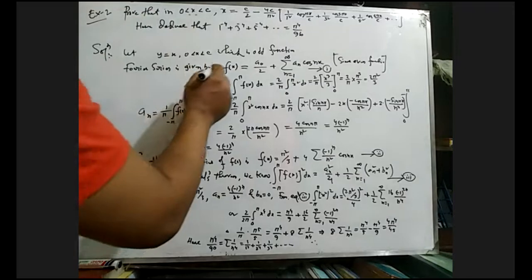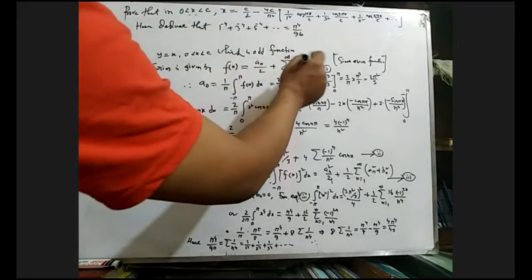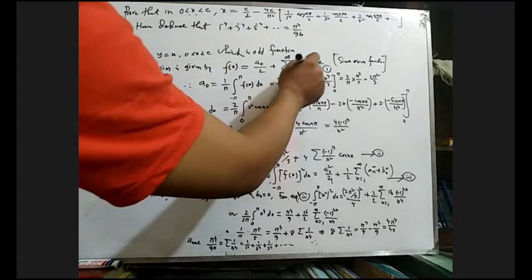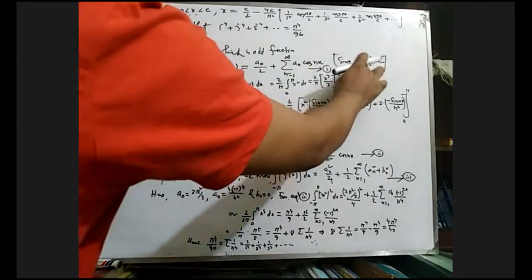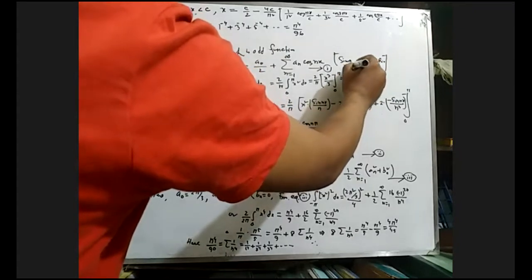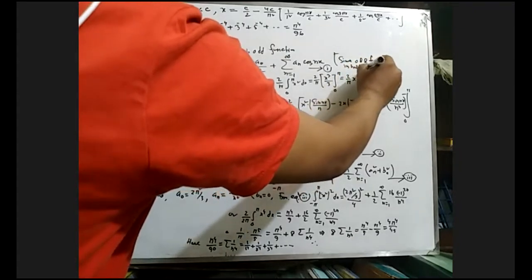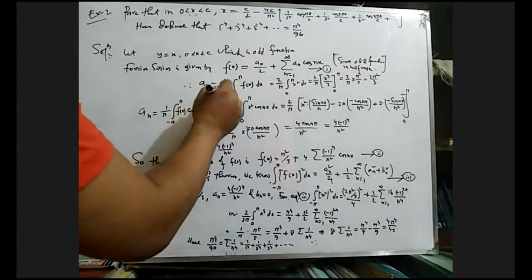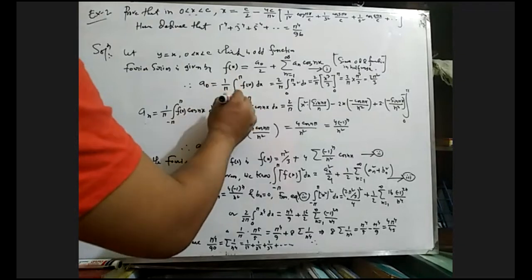Remember it. So f of x will be a naught by 2 plus summation n equals 1 to infinity of an cos nx, since it is a half range. Remember it, in half range.